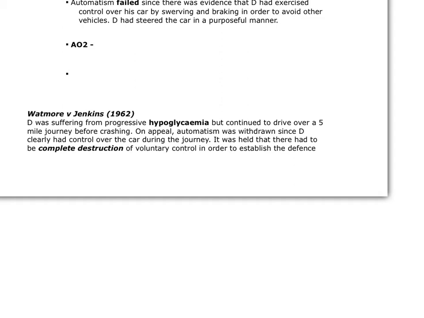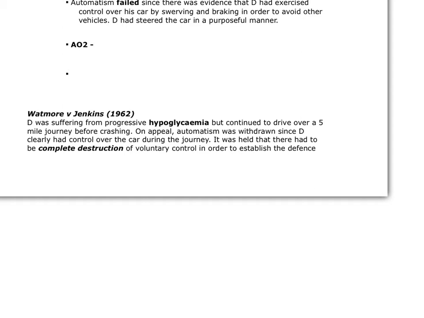This time it was progressive, so little by little he was going into the seizure, feeling a little bit unwell and getting into the hypoglycemic episode. But he still continued to drive a further 5 miles before crashing. So he raised automatism. On appeal, automatism was withdrawn because, again, the test is no control.